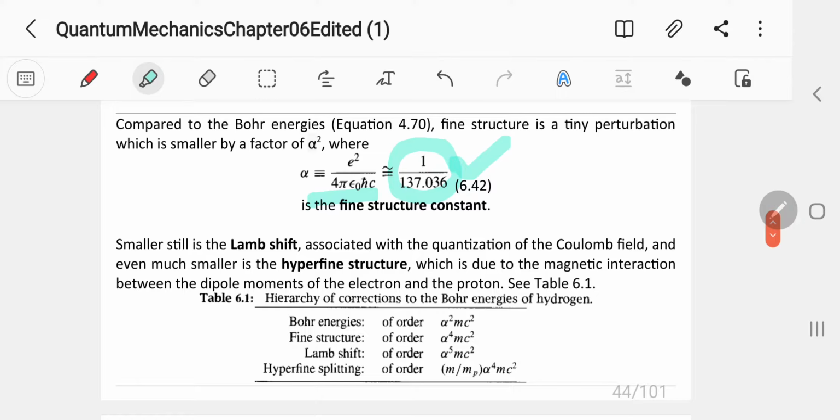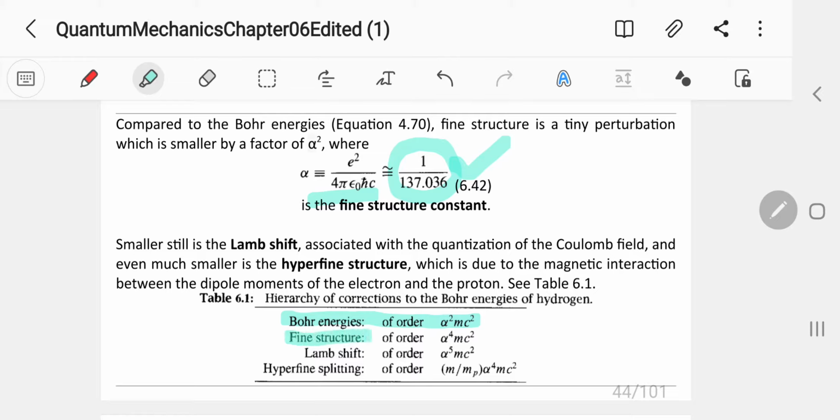and of course the hyperfine splitting, and they are given by this hierarchy. So you have, of course, the Bohr energies would be in the order of alpha squared mc squared. m is the mass, of course, of the electron, and c is the speed of light.